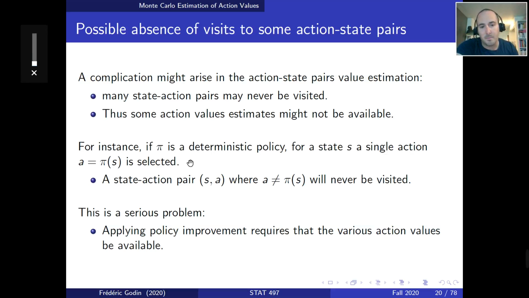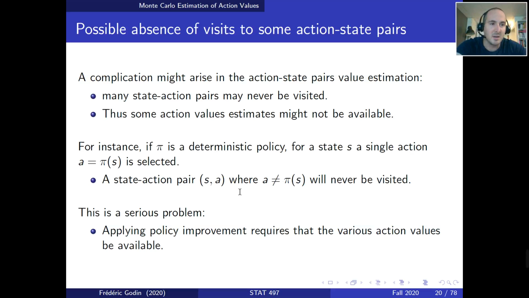So if for all states S there exists an action pi(S) which is systematically selected, then you'll never have estimates for the value of other actions in that state S. Okay, so all state action pairs SA where the action is different from the one selected by the deterministic policy will never be visited and it won't be possible to estimate your action value function q pi in that state action pair SA.